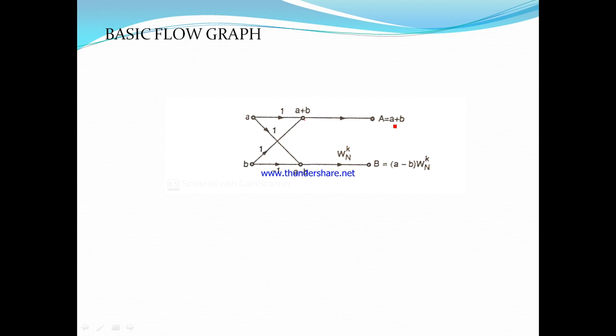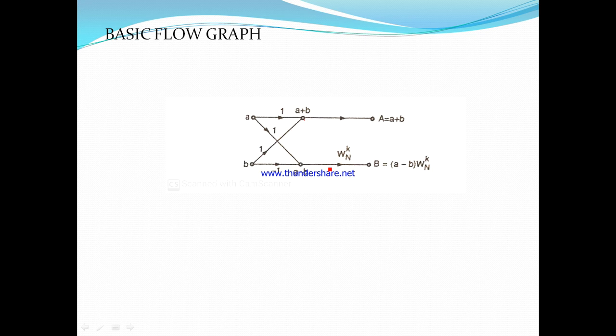In the lower branch of the flow graph, b is multiplied with minus 1, giving a minus b.